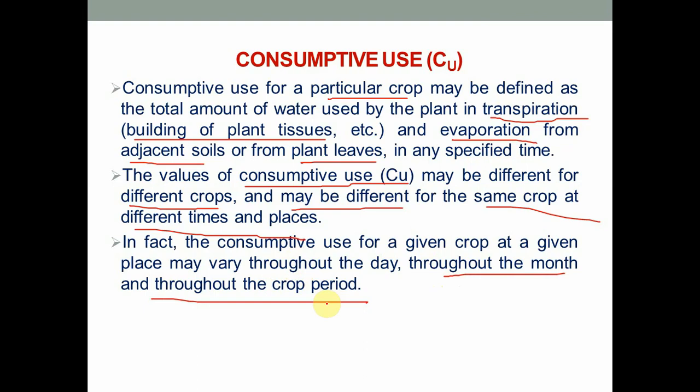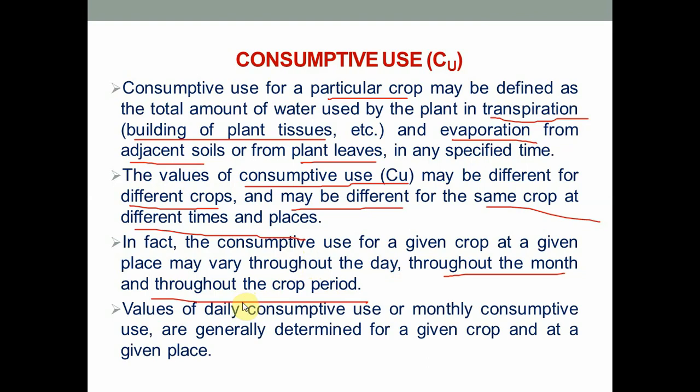In the afternoon it is very hot, so more water will be evaporated from the soils and from the plant leaves. If it is night time, less water will be evaporated, so the consumptive use will change depending upon the time of the day, the time of the month, or throughout the crop period.